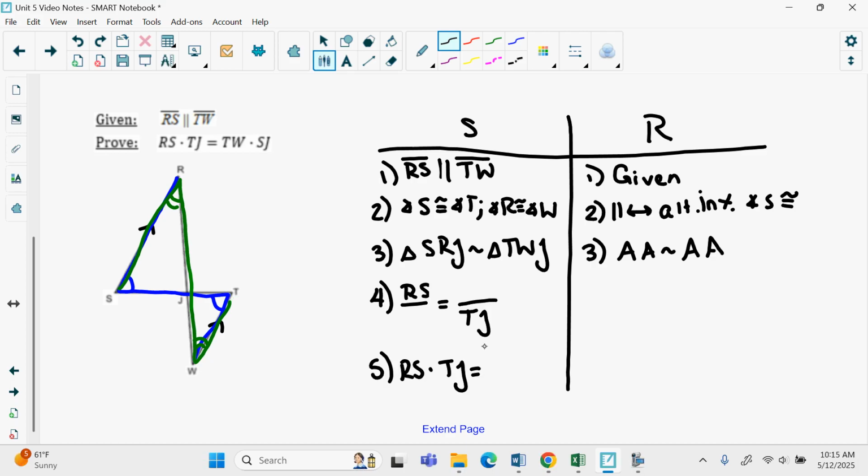And for the same reason, TW and SJ also have to be on diagonals like this. Now, I do want to make sure that my pieces that correspond are together in the same fraction. So RS in this triangle corresponds to TW here. That's how I know that TW goes on the bottom, and then SJ is going to go up top here.